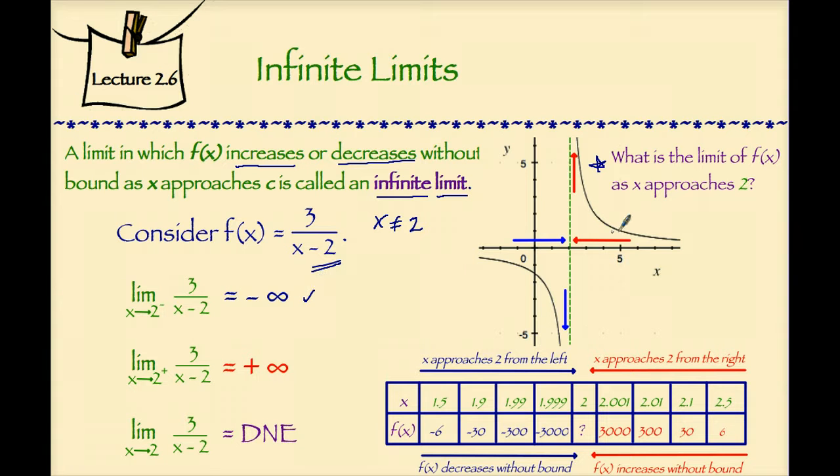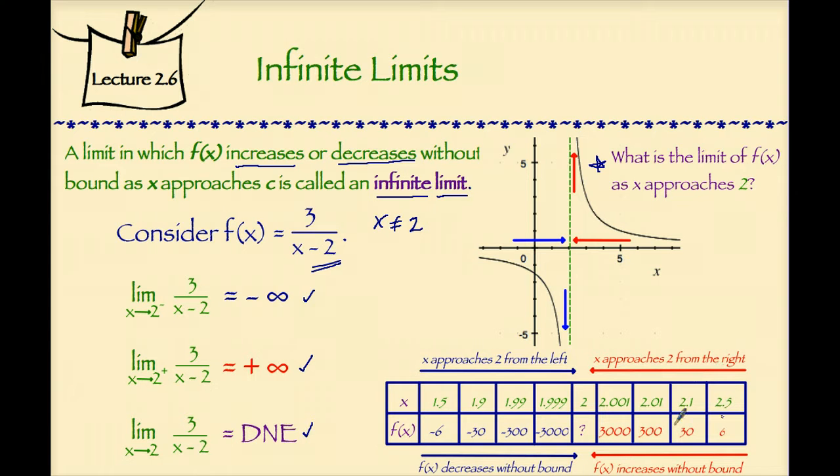What about the right-hand limit? As x approaches 2 positively, we see that the function exhibits unbounded behavior toward positive infinity. Therefore, the right-hand limit, the limit as x approaches 2 positively of 3 over x minus 2, is positive infinity. The limit in general, of course, does not exist.